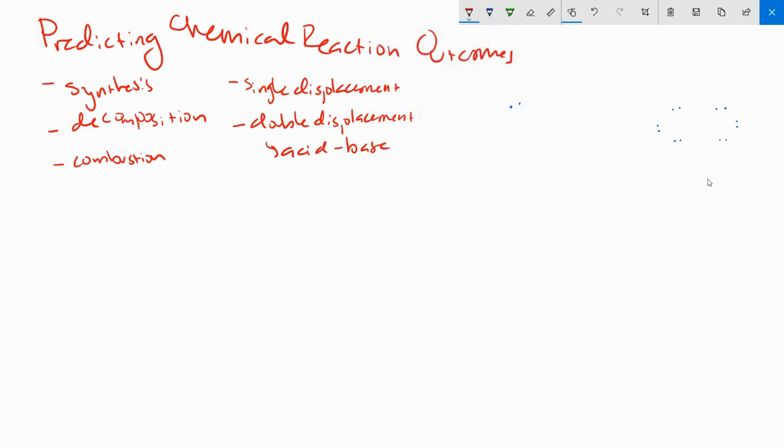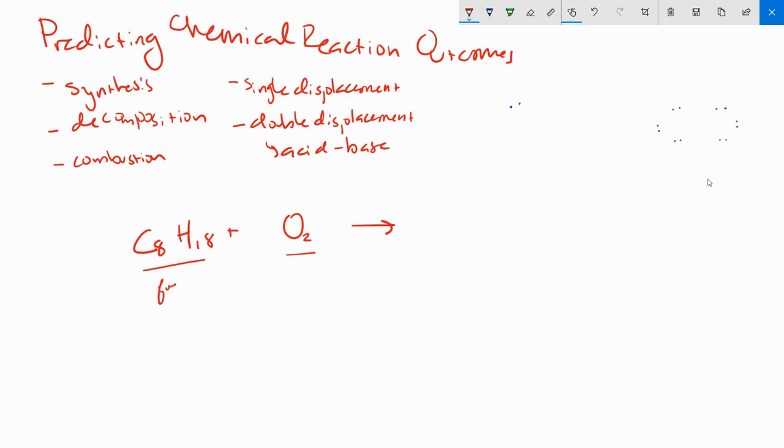If you saw in front of you the compounds C8H18 plus O2, and you have to predict the outcome, what kind of reaction do you think this would be? Well, I see oxygen, and I see a combination of carbons and hydrogens.